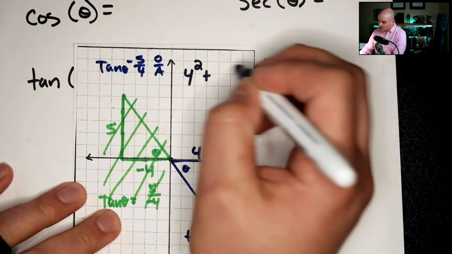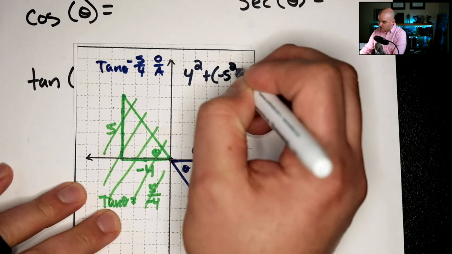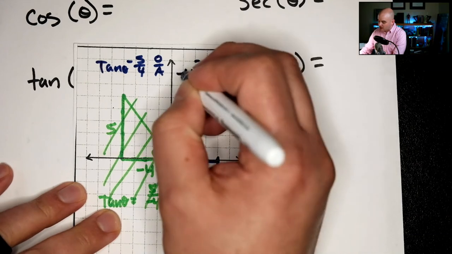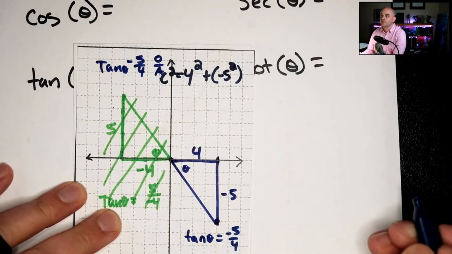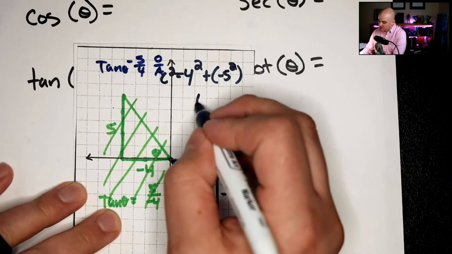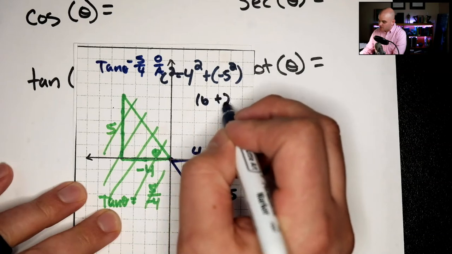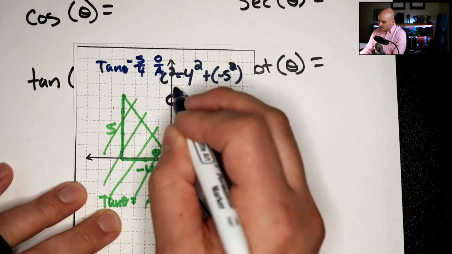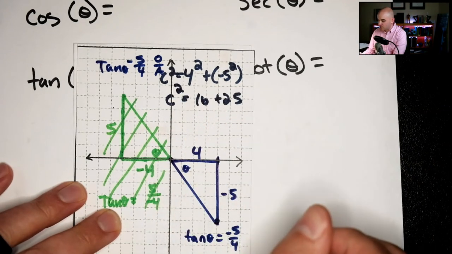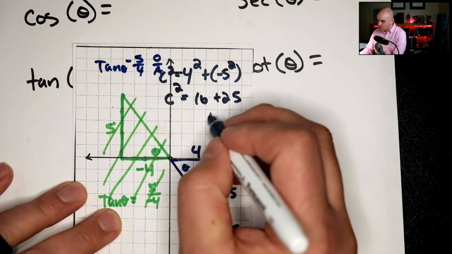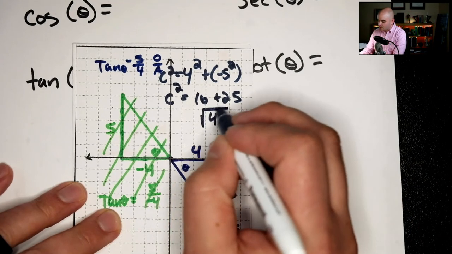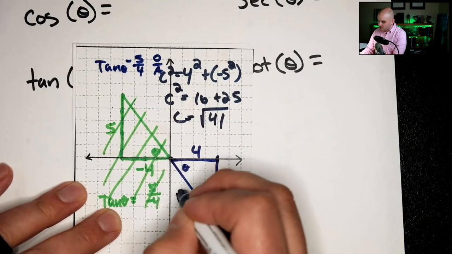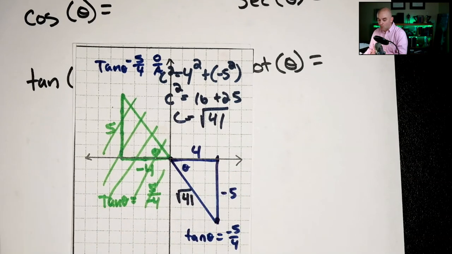So 4 squared plus a negative 5 squared must equal the hypotenuse squared. 4 squared is 16, negative 5 squared is 25, and that equals the hypotenuse squared. 16 plus 25 gives me 41, and square rooting both sides, I get c equal to the square root of 41. And now from there, I can go through and write up my sine, my cosine, and my tangent values.